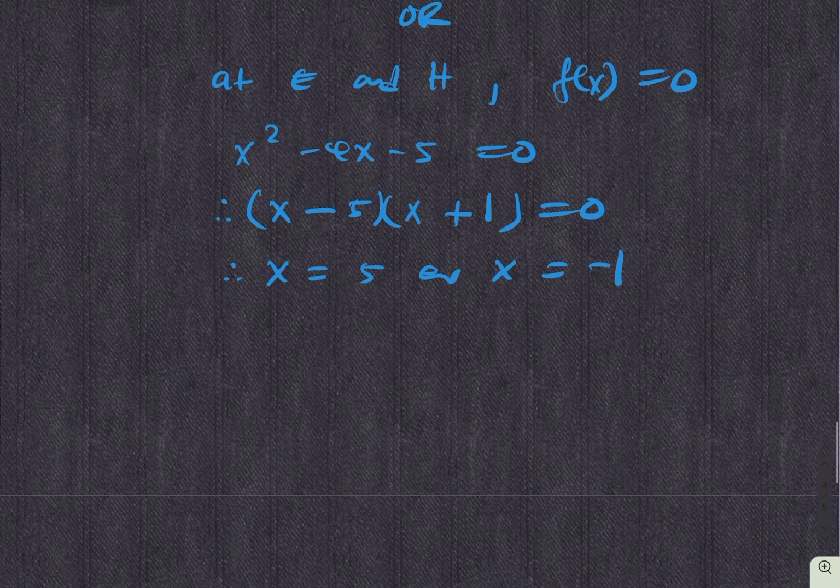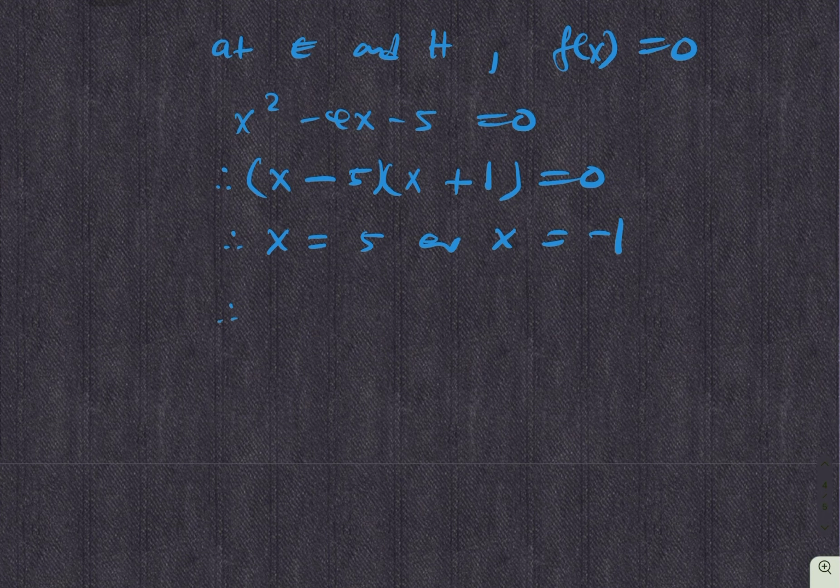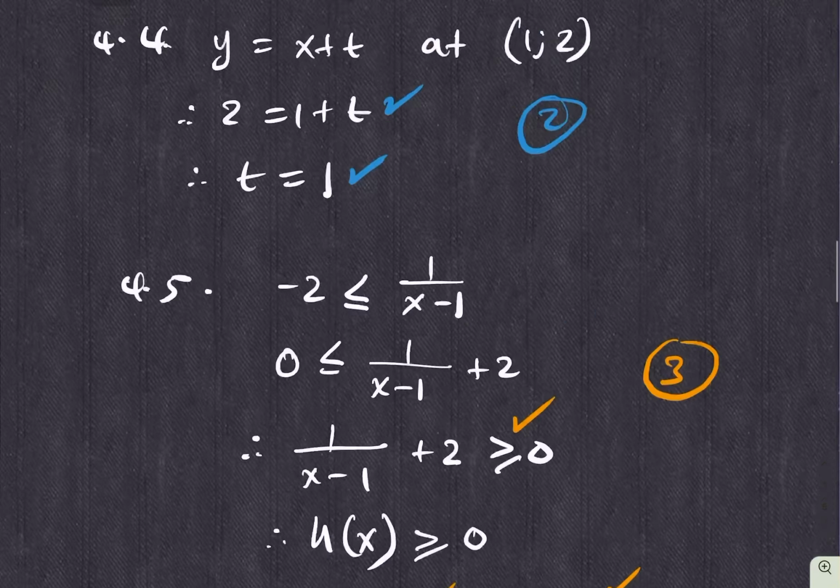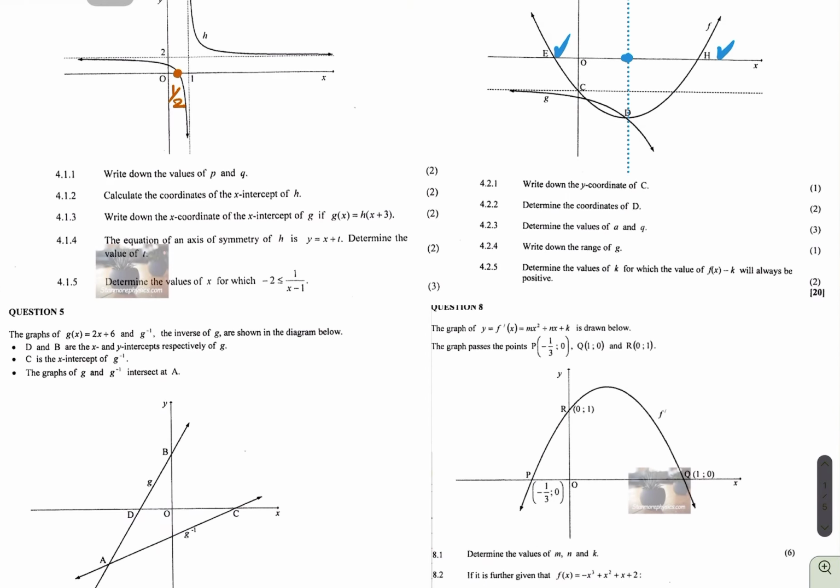So the x at D is going to be the sum of the x at E, which is negative 1, and the x at H, which is 5. You can put it down in case you need it.